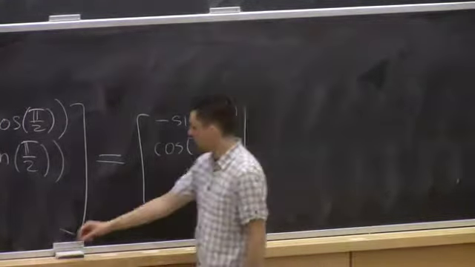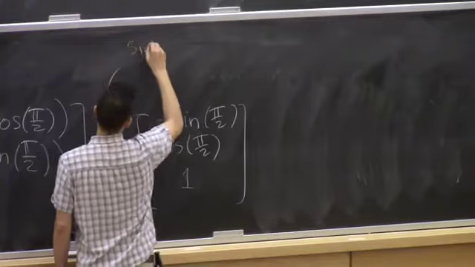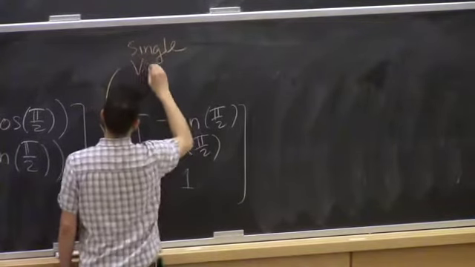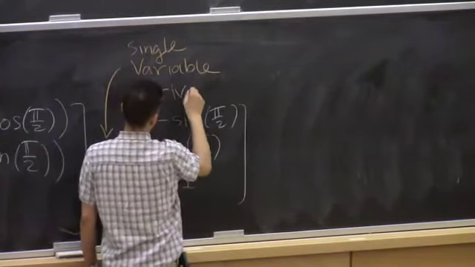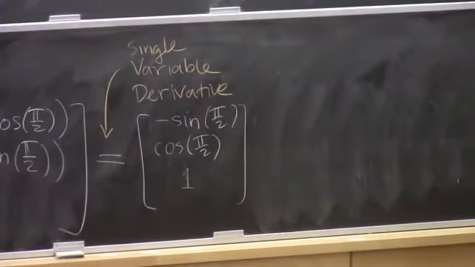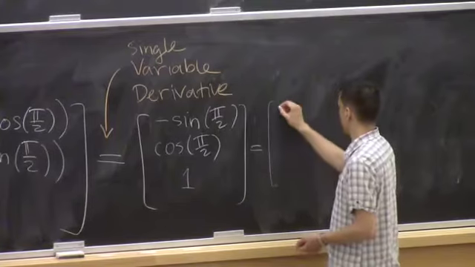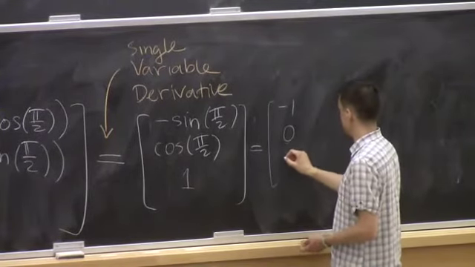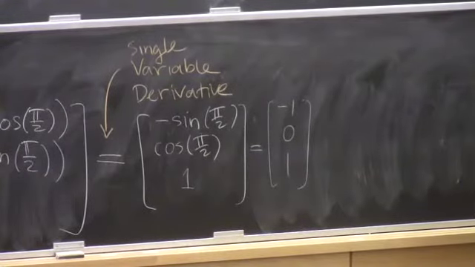In this step here, we've got a single variable derivative happening in each of our coordinates. So when we do the evaluation of these guys, we'll get negative 1, 0, 1. Is that okay? Are there any questions there?